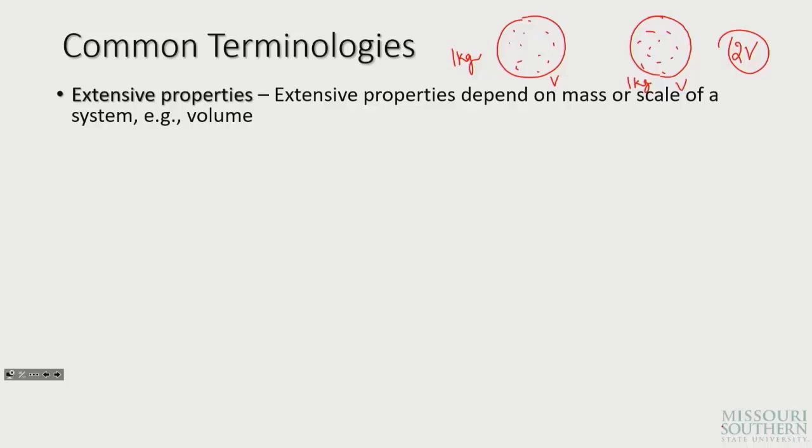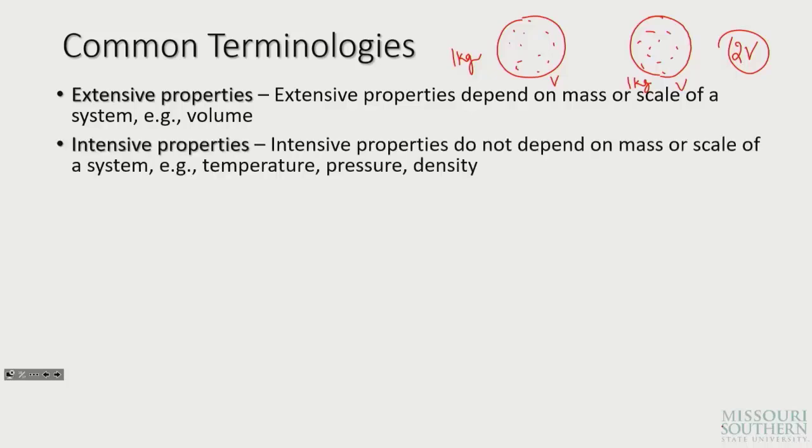Okay, and there is also a property called intensive property, which does not depend on the mass or scale of a system. For example, let's say you have 1 kilogram of a substance that is at temperature T, and we have another 1 kilogram of the same substance that has temperature, let's say T. Okay.